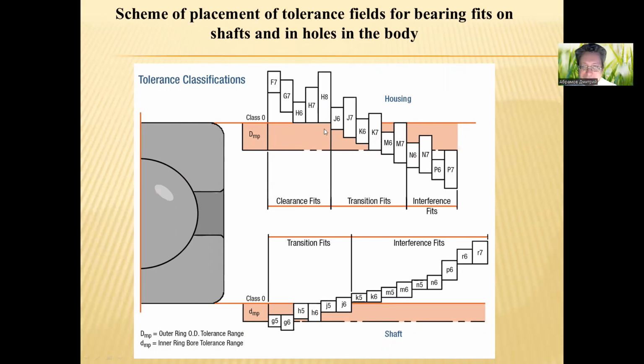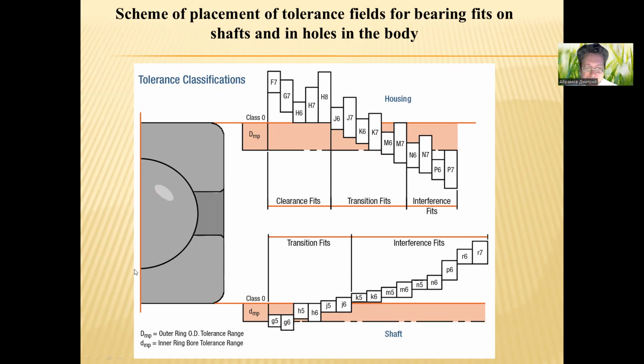Tolerance fields in the hole of the housing with transition fits are J6, J7, K6, K7, M6, M7. 7 and 6 are IT grades. K is a fundamental deviation of the tolerance field. And for interference fits, we use tolerance fields N6, N7, and P6 and P7.